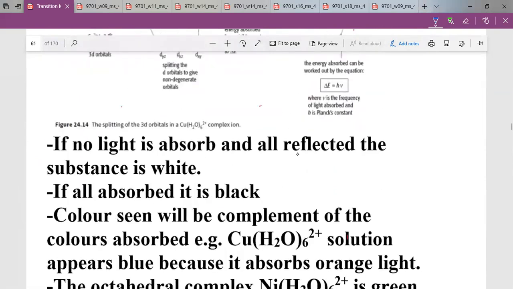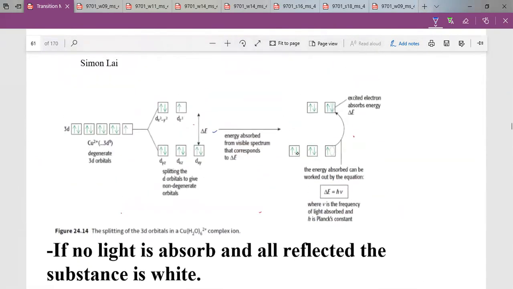Now the other one, of course, is here. You can see copper 2 plus. Here they ask copper 1 plus. For copper 2 plus, it is 3d9, because copper is Ar 3d10 4s1. Because why? 3d10 has extra stability.